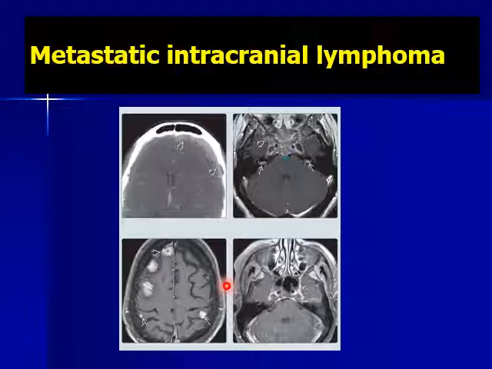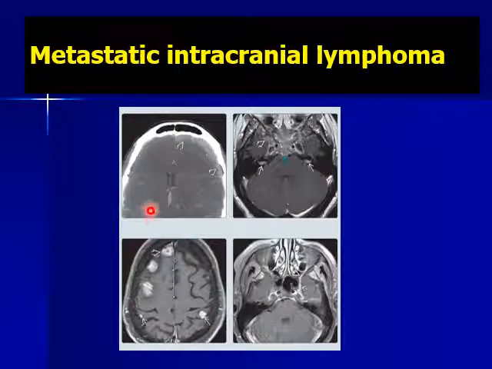Actually, when it is metastatic, you remember we have spoken about the primary CNS lymphoma, and this occurs initially in the brain. But metastatic intracranial lymphomas are metastasizing from outside brain lymphoma, and usually it likes the region of the meninges and bone, and may have nodular lesions like this involving the brain.